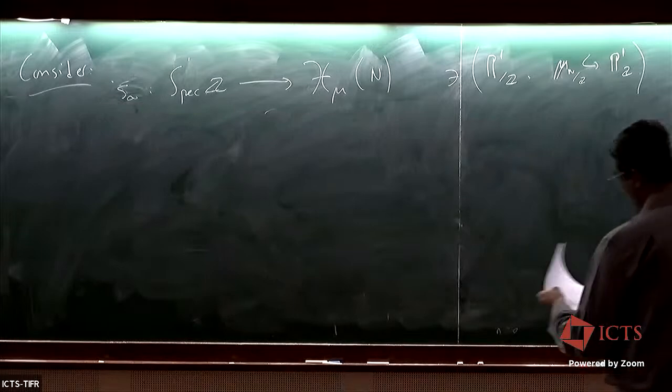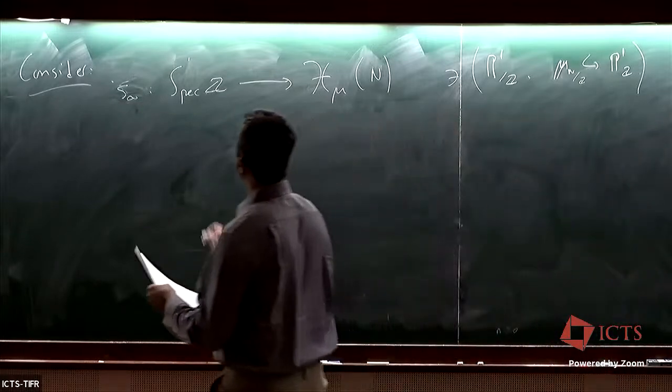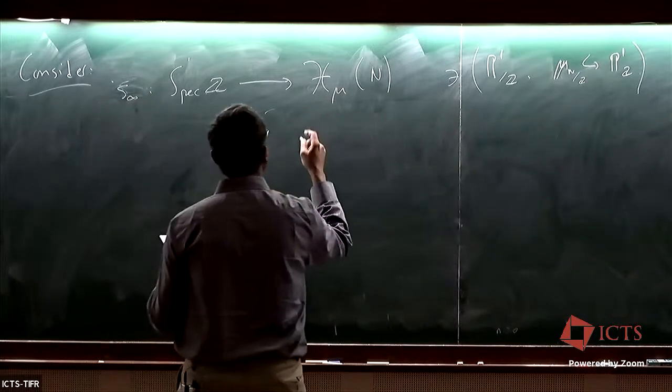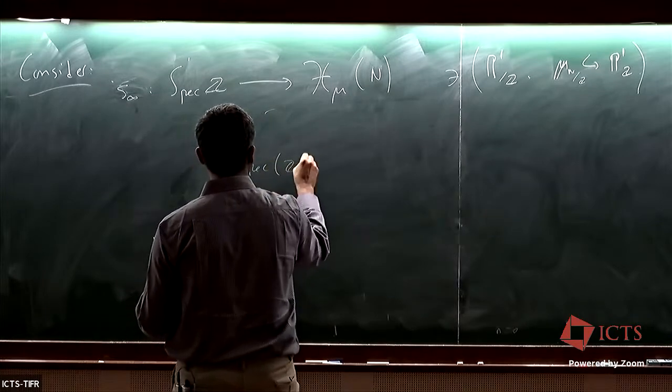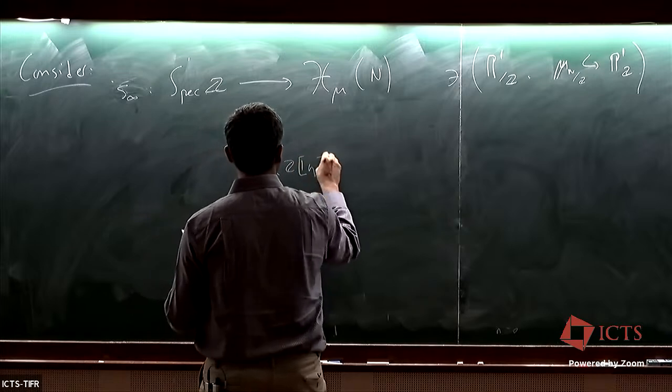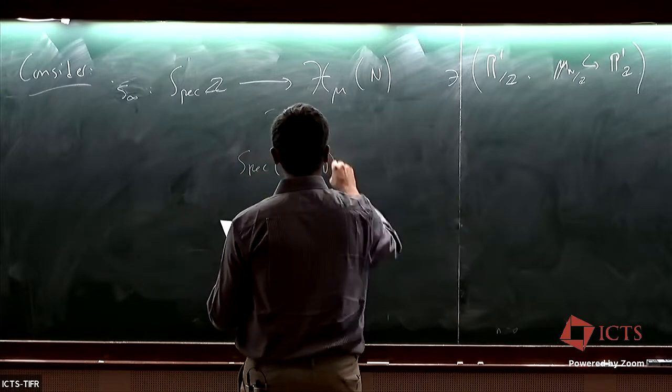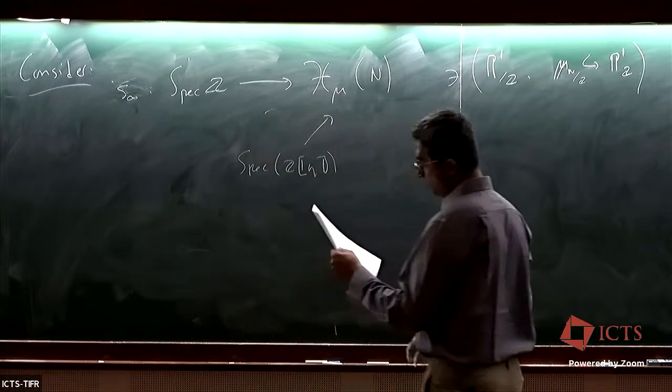But we already saw another way to think of the point at infinity, at least when n was 1. So what about the Tate curve? That corresponds to the following point.